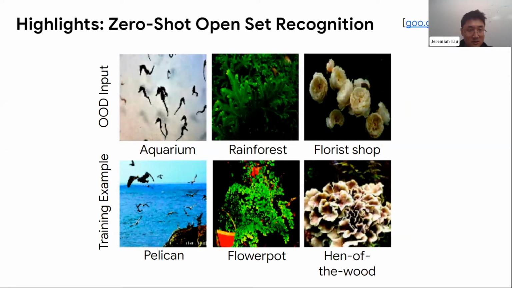If you see here, there are 3 columns of examples, where on the bottom row are training examples, examples in the training data, and on the top are very hard out-of-distribution examples that are not in the training data.